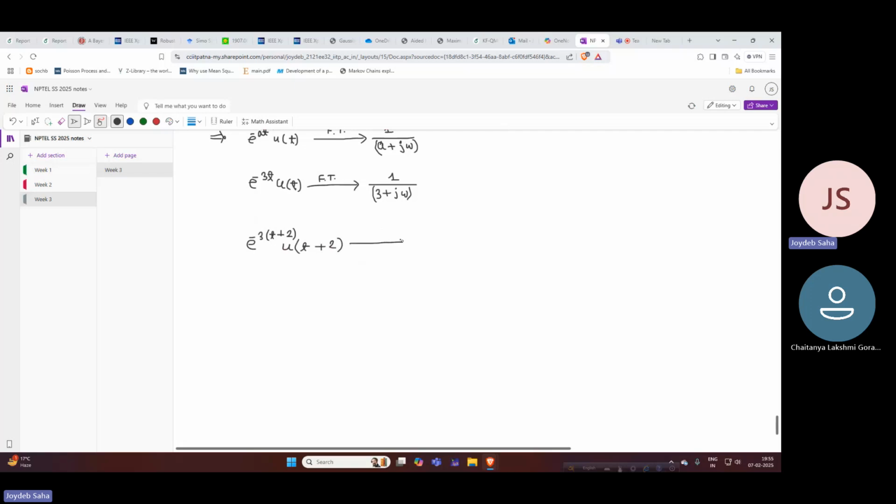Then its Fourier transform will be e to the power j 2 omega times 1 upon (3 plus j omega), by the time shifting property, right?